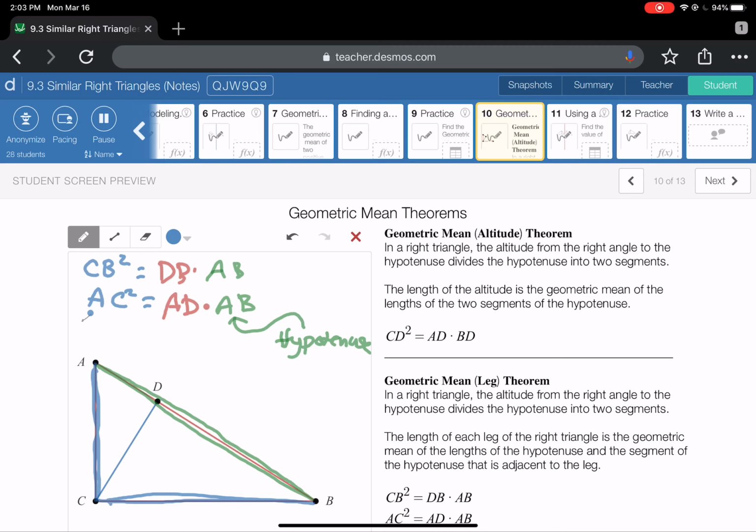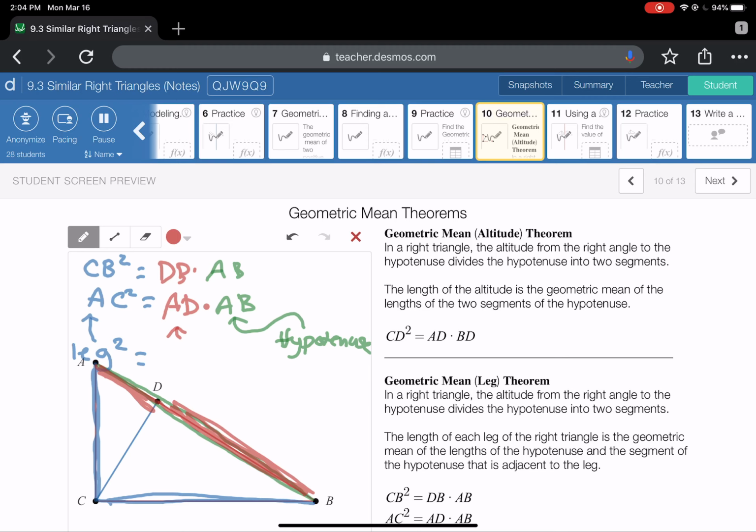So this piece of information is going to be the leg squared. Whatever the length of the leg is going to be squared there. And then lastly, we have DB and AD. Now, what could that be? DB is this, and AD is this, but they correspond to two different legs.